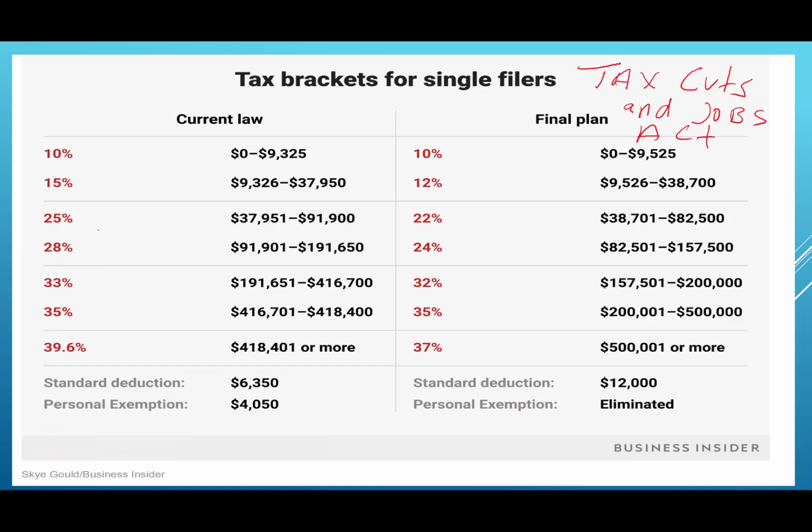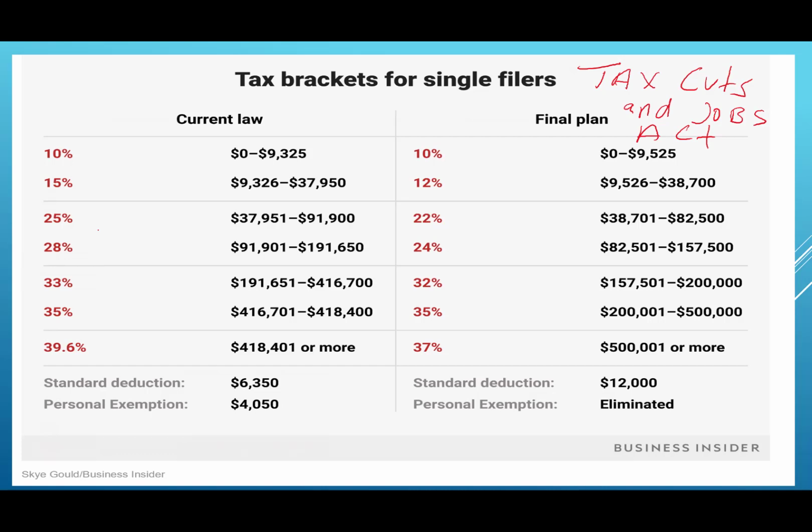Now, you take a look in current law, and the tax rate schedules that we're going to be working with are here on the left, okay? And you have things like standard deduction that we'll talk about. We have personal exemptions that we'll talk about, okay? Now, you take a look. And what they've done is they have increased the standard deduction but eliminated certain personal exemptions.